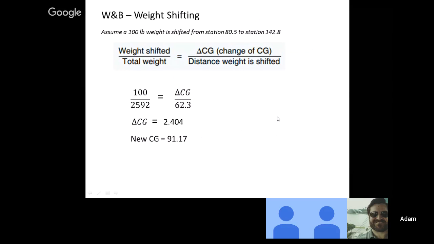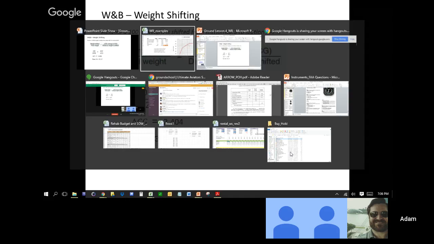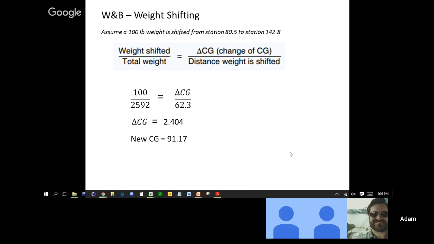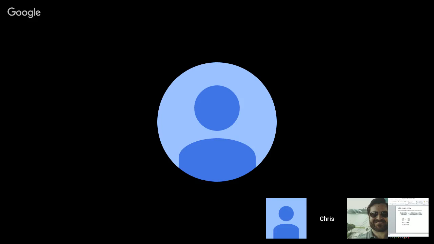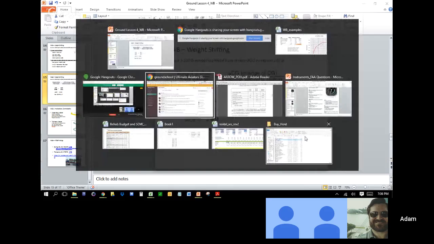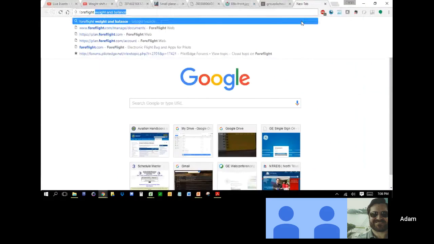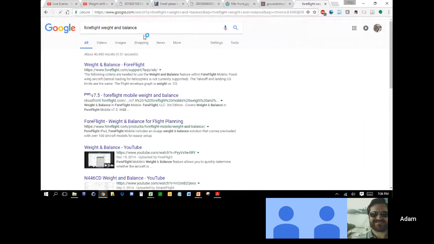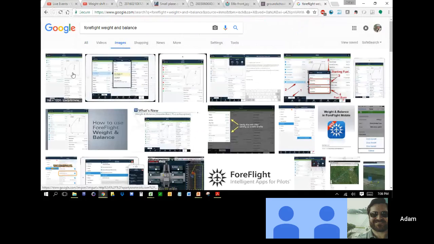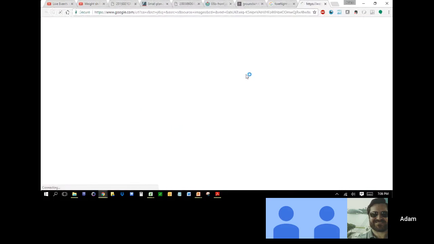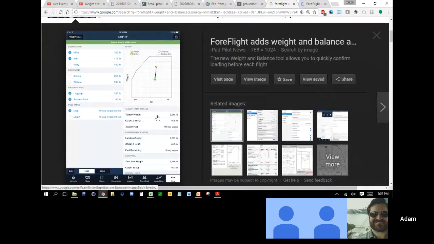The ForeFlight app will not have this particular equation in it, but if you go back and look at the screen, you can just play around with numbers. If you're falling outside of limits, you can just start playing around with this.